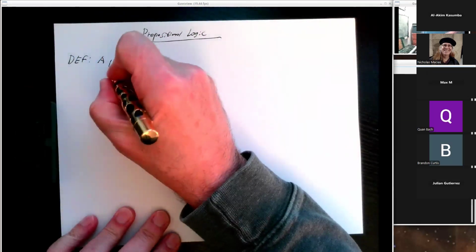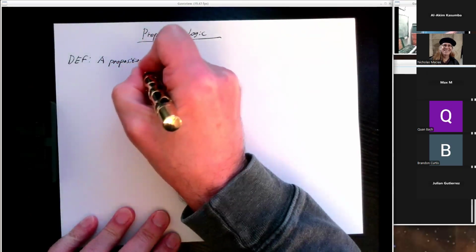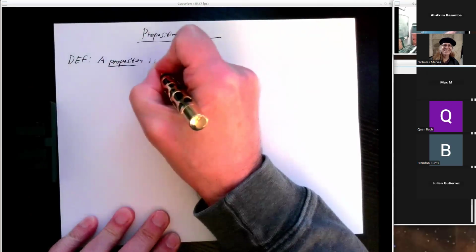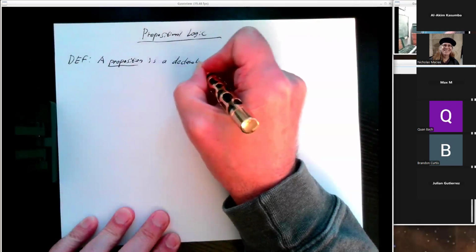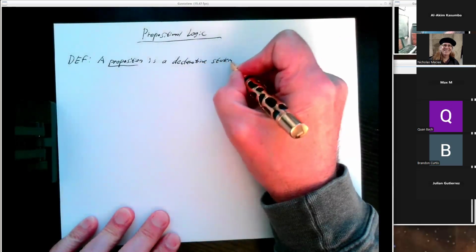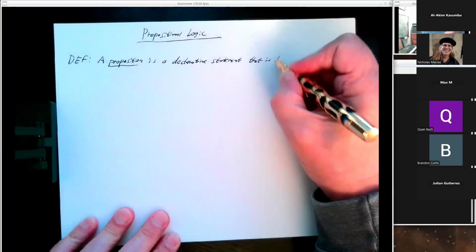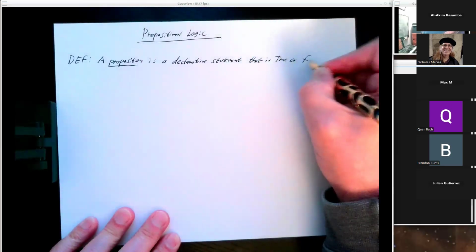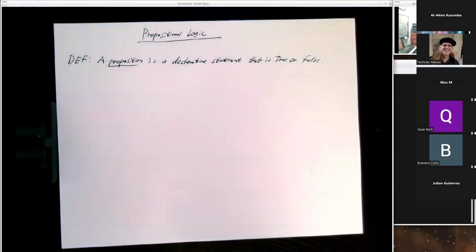So a proposition is a declarative statement that is true or false. So it's a statement that makes a declaration.